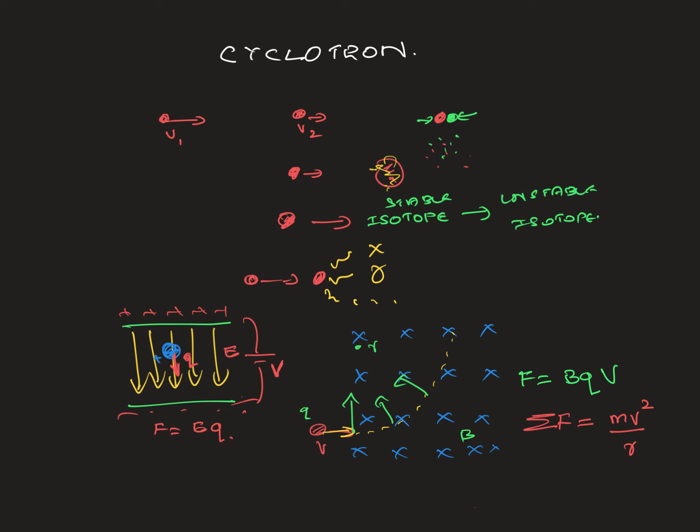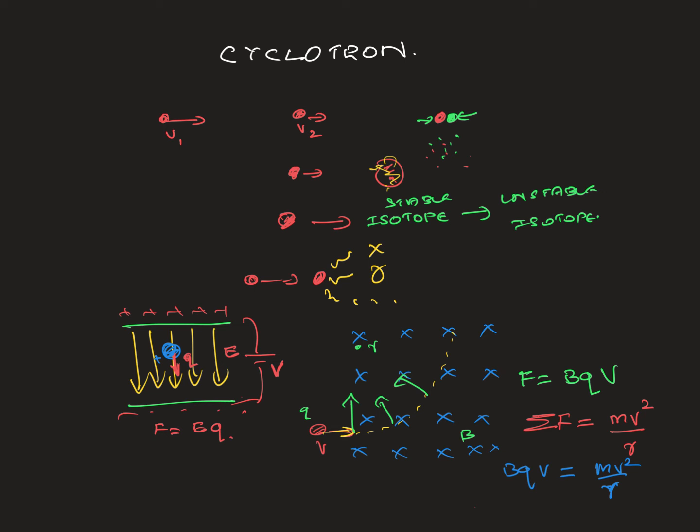So in this case, we get the equation BQV is equal to mv squared over r. From this one, we will get an equation for v in terms of the magnetic field, the charge, the radius and the mass of the particle. So these three principles are the ones that we use in the cyclotron.